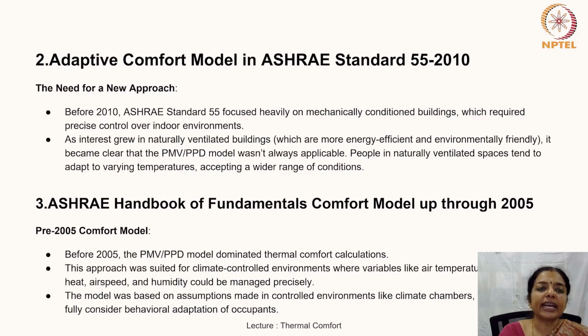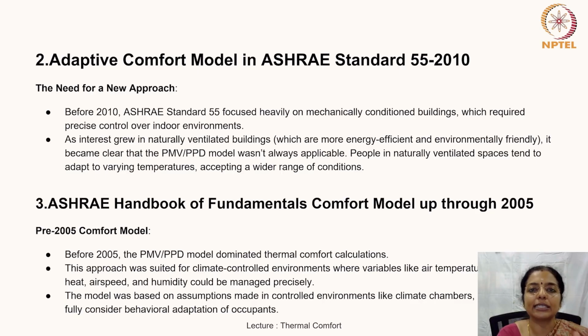The second is adaptive comfort model in ASHRAE Standard 55-2010. So there was a need for a new approach. Before 2010, ASHRAE Standard 55 focused heavily on mechanically conditioned buildings. These require precise control over indoor environments. You set the AC temperature at 26 degrees centigrade or 24 degrees centigrade.